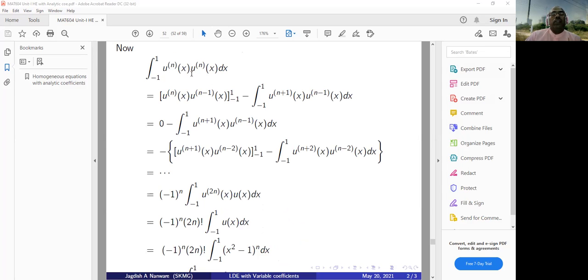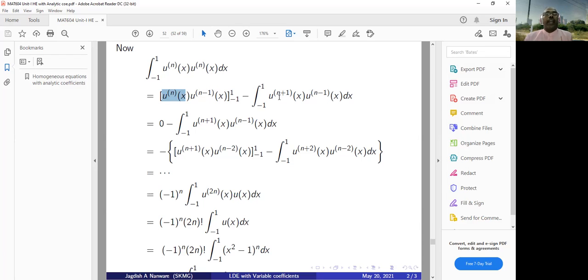Now we find this integral by integration by parts. So this is the first function, I can say, and this is the second function. So use the product rule: first function into the integral of the second function. So what is the integral of this nth derivative? It is nothing but the function which is the n minus 1th derivative, and put upper and lower limits -1 and +1, minus the integral between the limits -1 and +1.